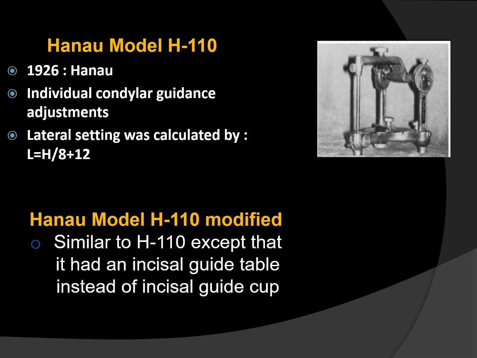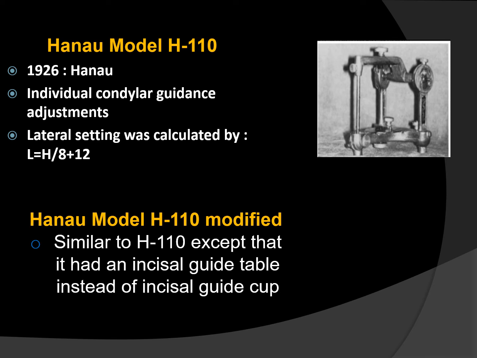And in 1926, Hanau model H110 was introduced, and it had individual condyle guidance adjustment in both sagittal and horizontal planes. Rather than using lateral positional records, the lateral setting was calculated by dividing the horizontal condylar inclination by 8 and adding 12 to it. That is, the formula is L equals H by 8 plus 12. So this is Hanau model H110.